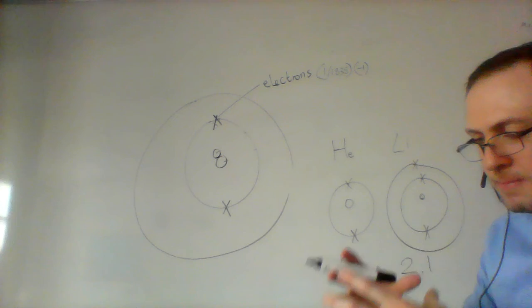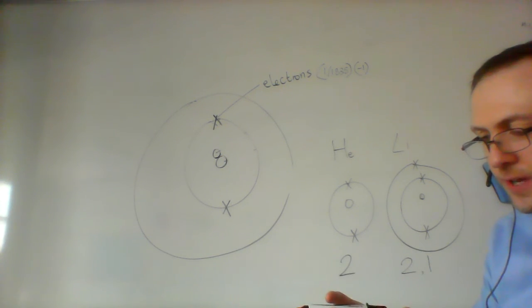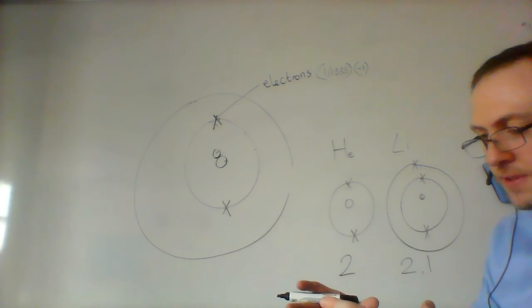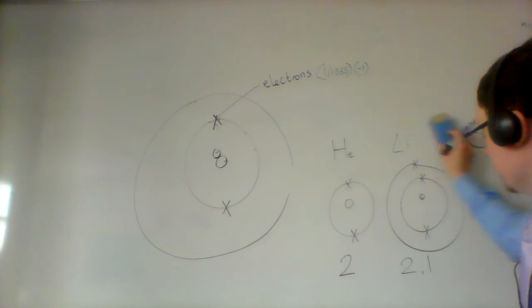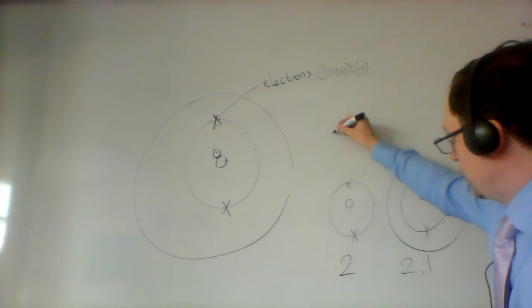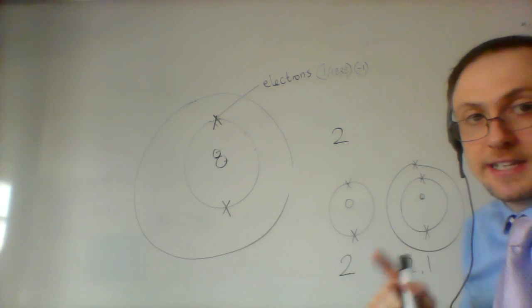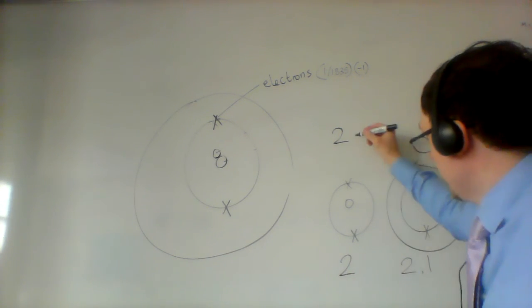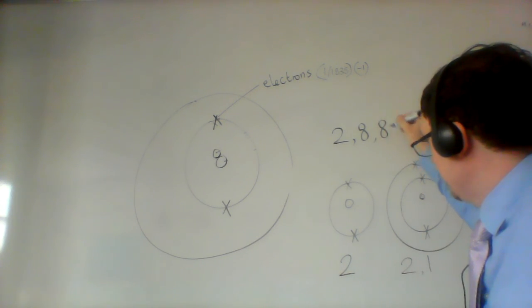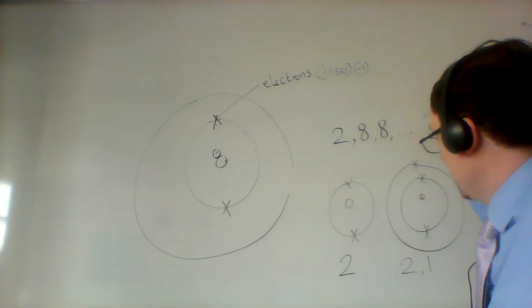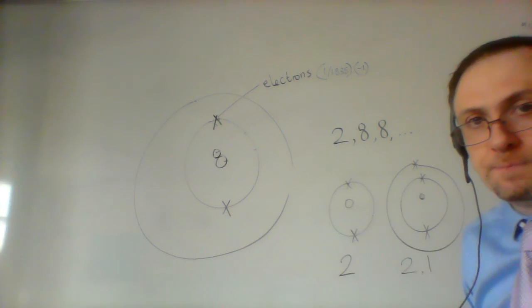Okay, so you fill up near the middle. Once that shell's filled up, you go out to the next shell. You fill it up. Now remember, it's 2 for maximum capacity in the first shell, then it's 8, then it's 8 again, and then the rest you can put in the last shell there. Okay.